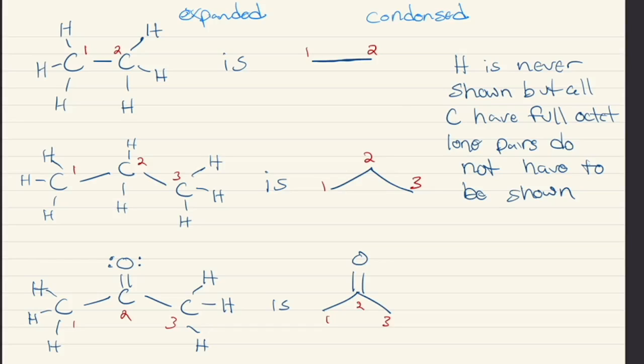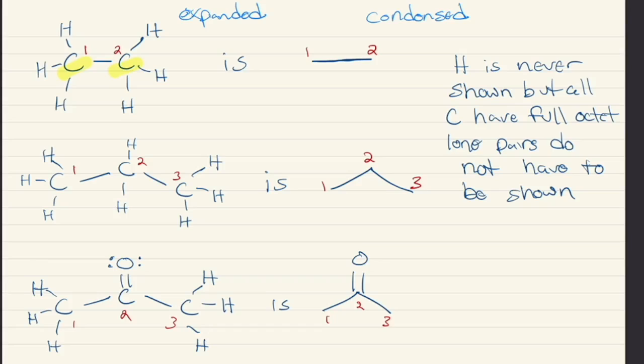I have shown you the expanded version right here, which has 2 carbons singly bonded to one another with 3 hydrogens bonded on each of those carbons, right? Specifically, this would be C2H6. We would label it the molecular formula, right? We should be familiar with how to do that.